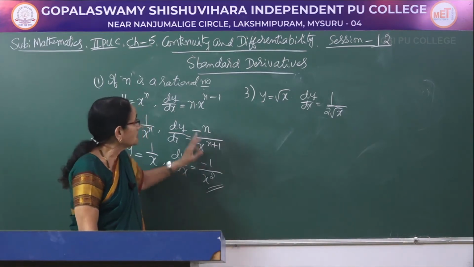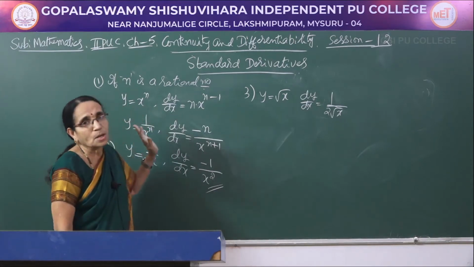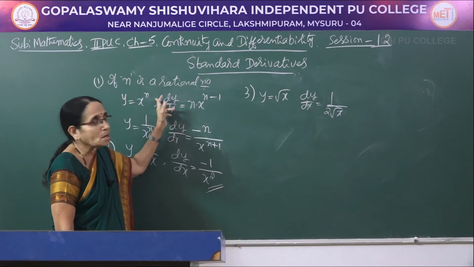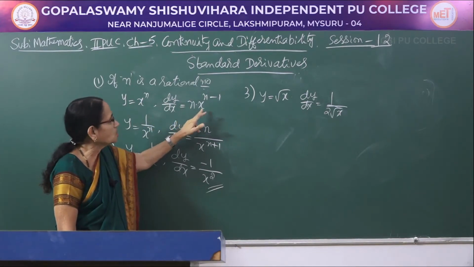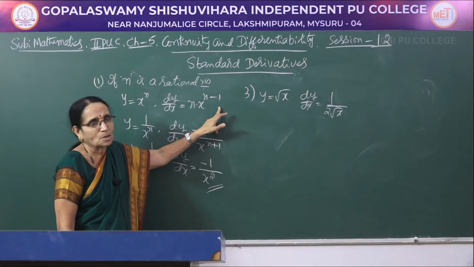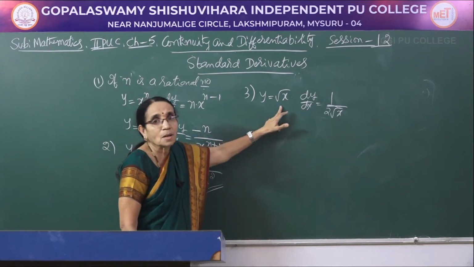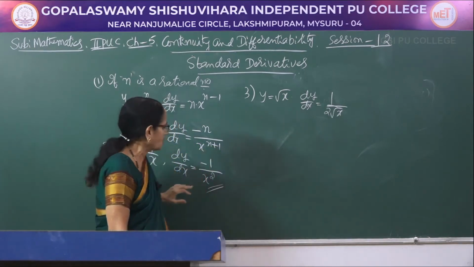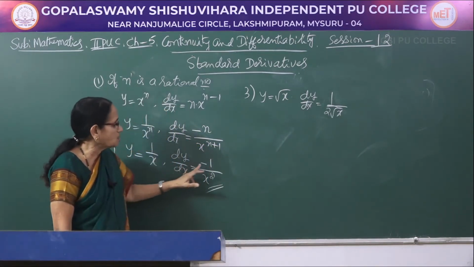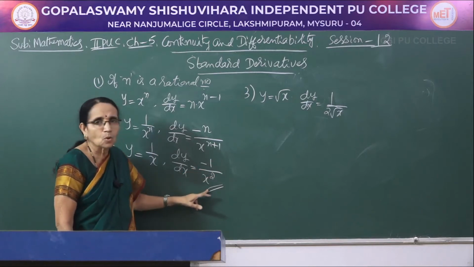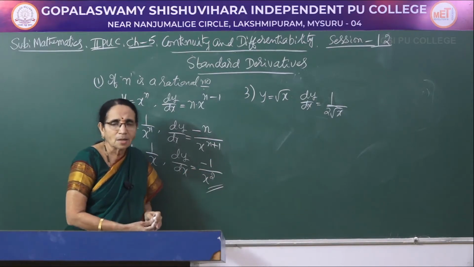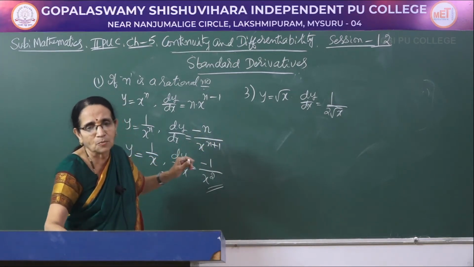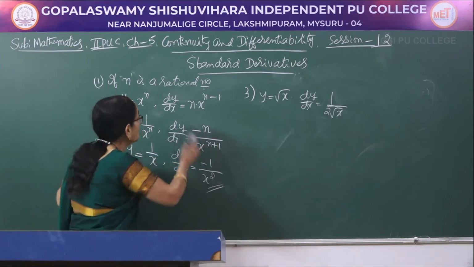So, this rule, generally you can remember, though I have written x here, anything raised to the power n, the derivative would be that index into that function to the power n minus 1. And any function under the radical sign would give 1 over 2 times the root of the same function. And 1 by any function will always give minus 1 over the square of that function. Like this, though we have derived it in the case of an algebraic function, you can use it in general also.